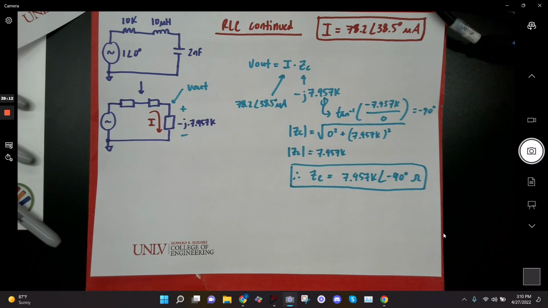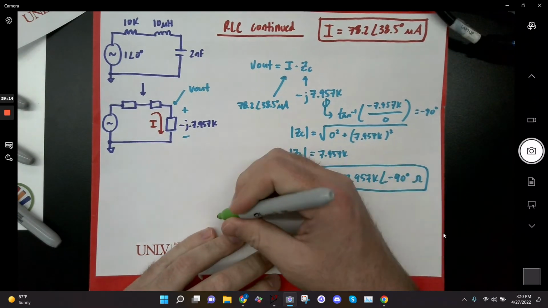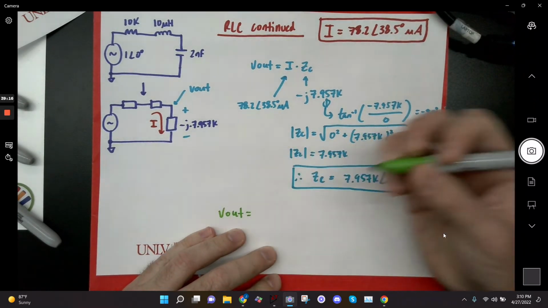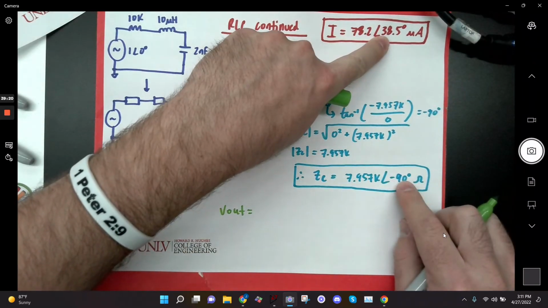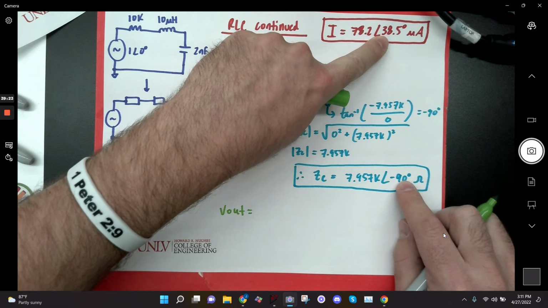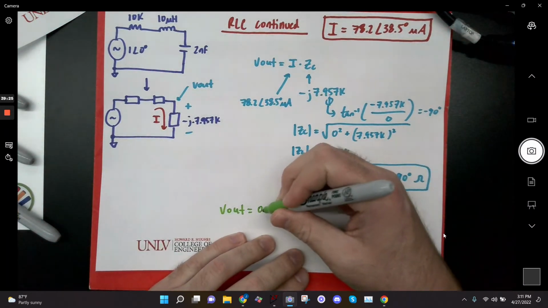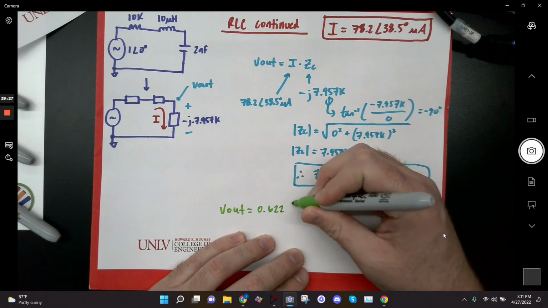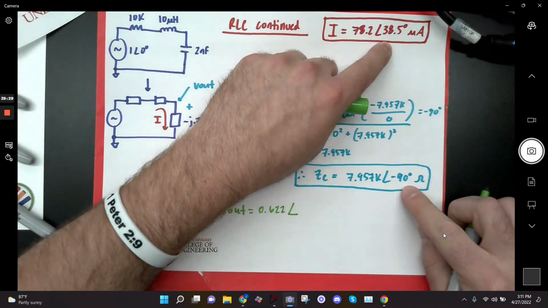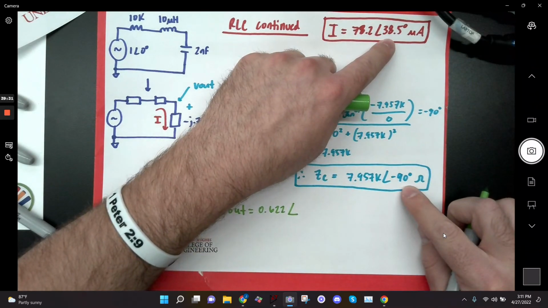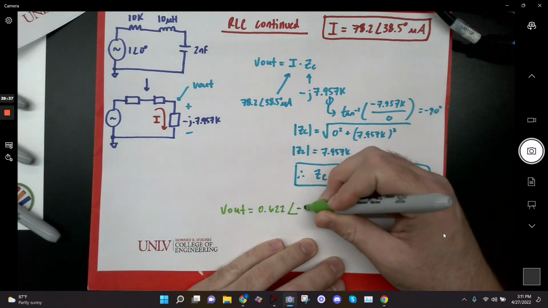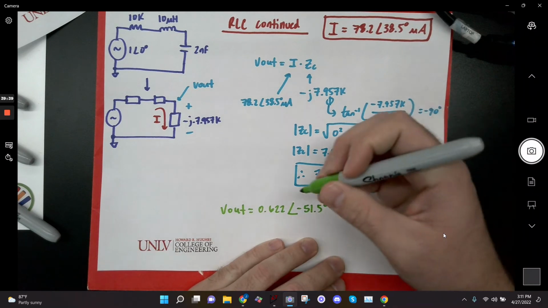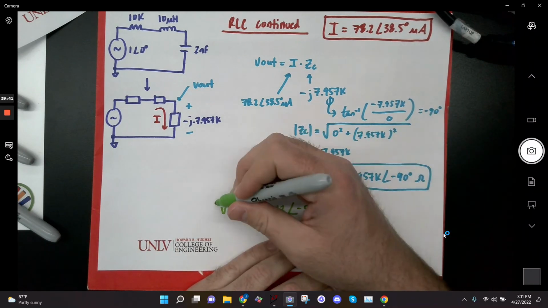So for phasors, I multiply the magnitudes, I add the phases when I'm multiplying. So it's going to be 0.622 angle negative 90 plus 38.5, which is negative 51.5. Is that right? And that's volts.